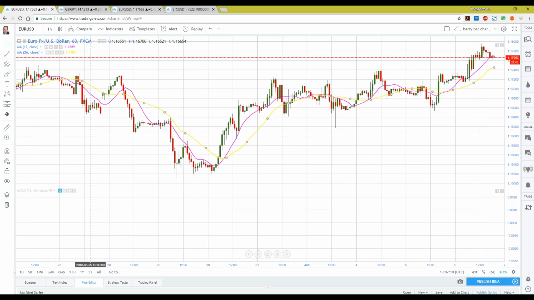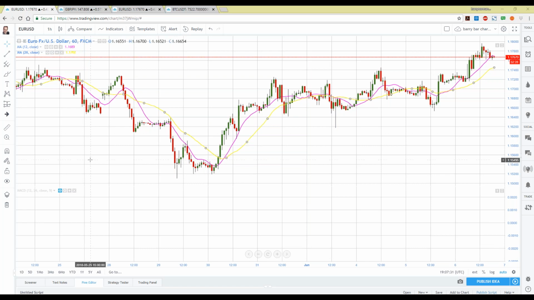So in other words, we're looking at a 60-minute chart, so it's 12 60-minute or 26 60-minute periods it's using for its calculations.